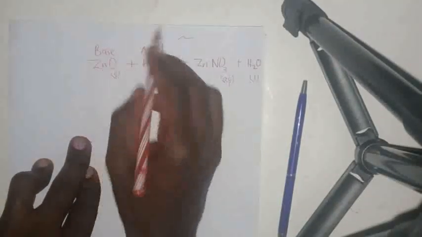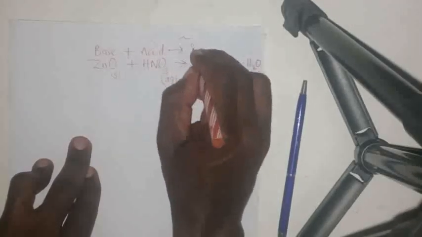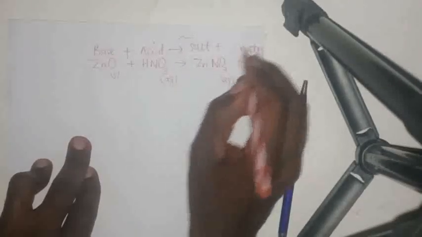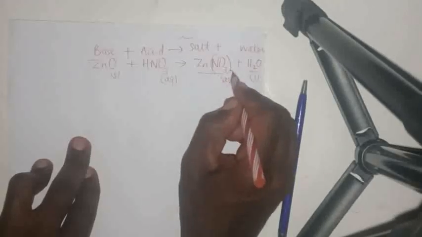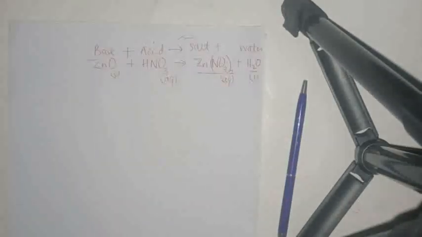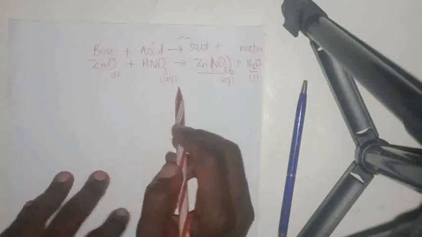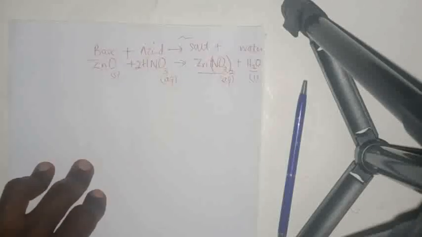So when a base reacts with an acid, as you had actually been told in Form 1, you'll always be able to get salt plus water. So in this case, our salt is zinc nitrate, then water. There is an oxidation state of 2 on zinc, and that now becomes the formula of zinc nitrate. Zinc, then nitrate. To balance the equation, you should just put 2 on the nitric 5 acid, and that now gives us what you're supposed to have.